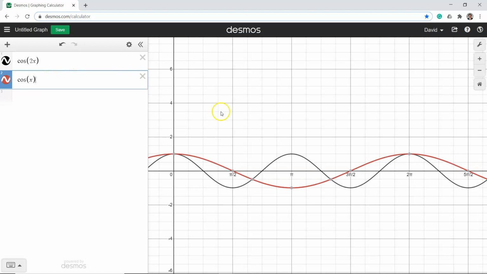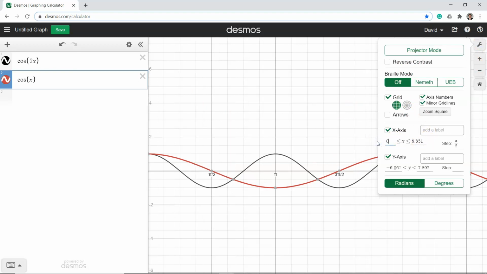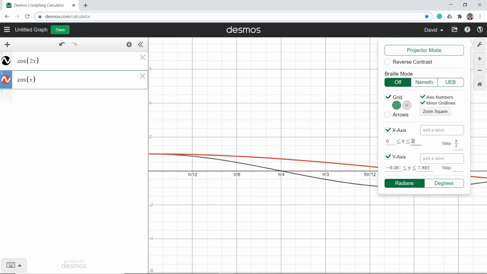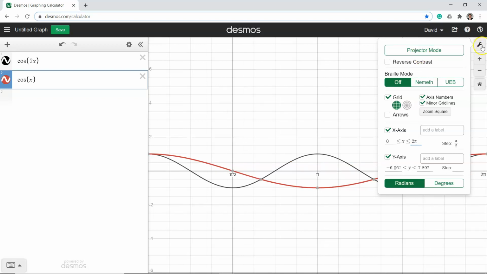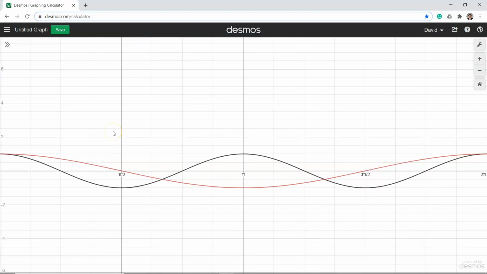Let's change our range to 0 to pi in order to see what's happening here. So you can minimize this by just clicking that. Now these are the functions from 0 to 2 pi. Okay, this red one is our cosine x, and this purple one is cosine of 2x.